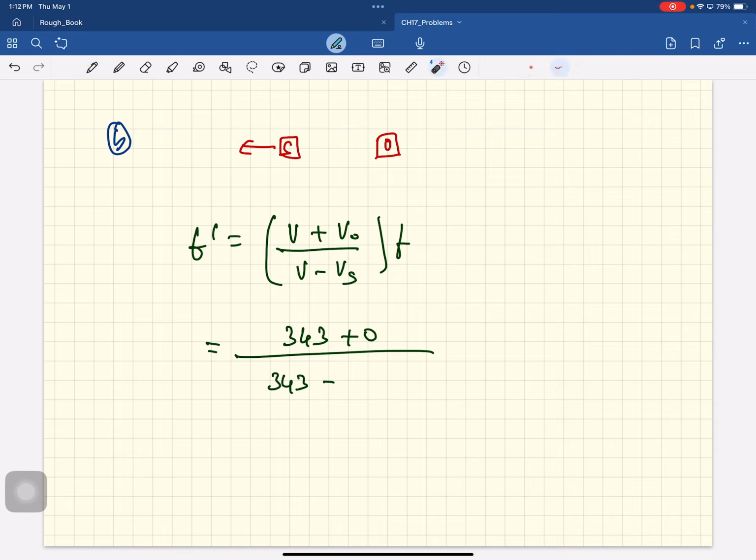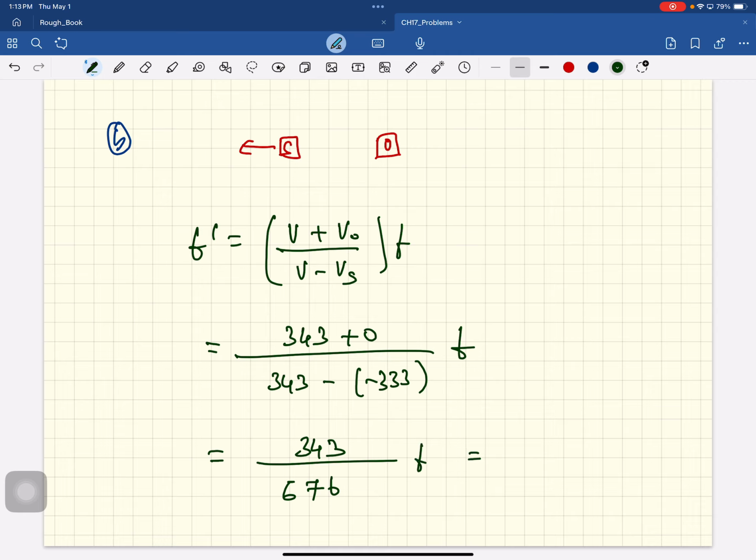When the source is moving away, this is negative, so it's plus 333. That gives 676. Okay, so it's half the frequency.